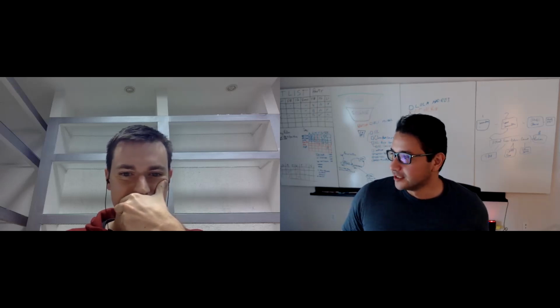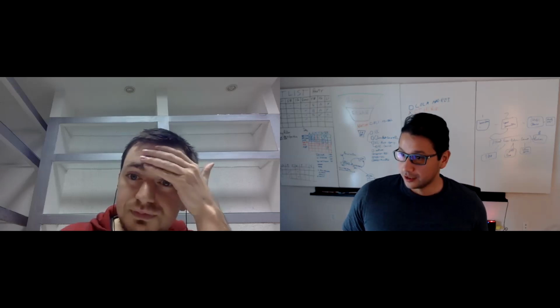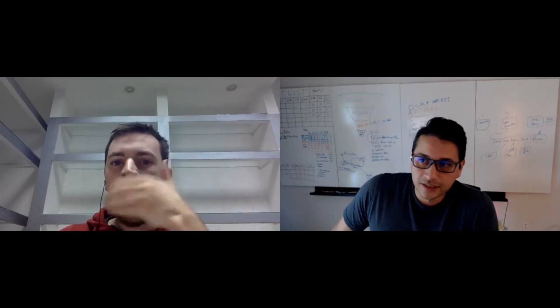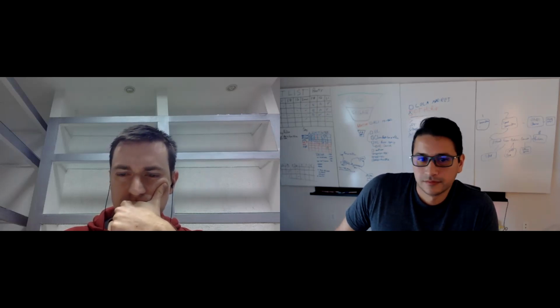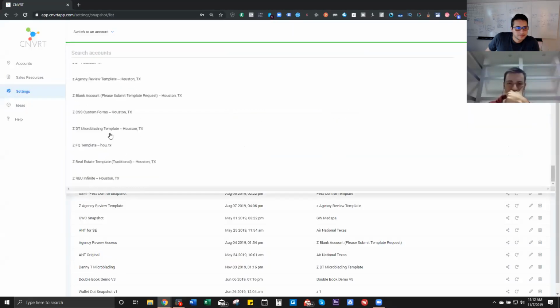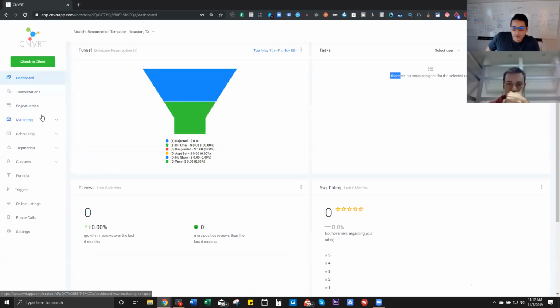Okay, hold on. Let me send it over to your Slack. Oh, it is a different link. Okay, cool. Check Slack. That's the new link. And we're ready to go. You see my screen? Yep.